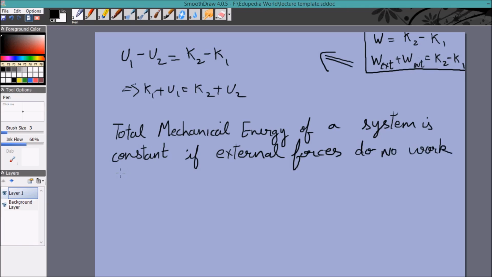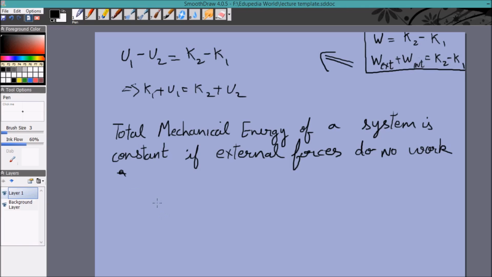This is the principle of conservation of mechanical energy, right? If you have a system of 20 particles and there is no external force, or rather, another case we saw earlier was if the forces are always perpendicular to velocity, they don't do any work, right? So for whatever reason, if we have a system of a number of particles and the external forces are not doing any work, then the mechanical energy of the system will be constant, right?